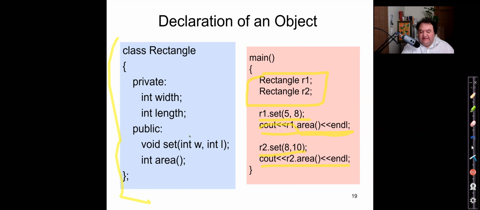Given that nothing is static, each object has its own copy of width and length, so the shape of each object will be different. But then the methods operate on the local version of each of those variables.